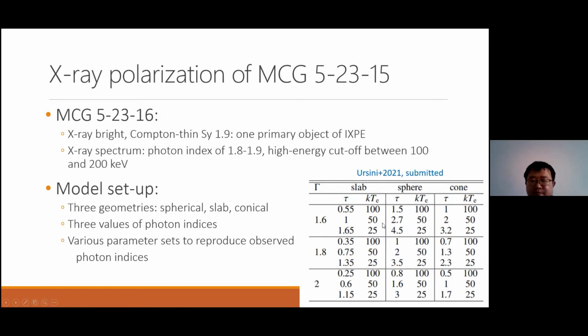And then for each photon index, we assume three different corona temperatures, to take into account the uncertainty of the cutoff energy. And for each temperature, we adjust the value of optical depth to reproduce the assumed photon index.